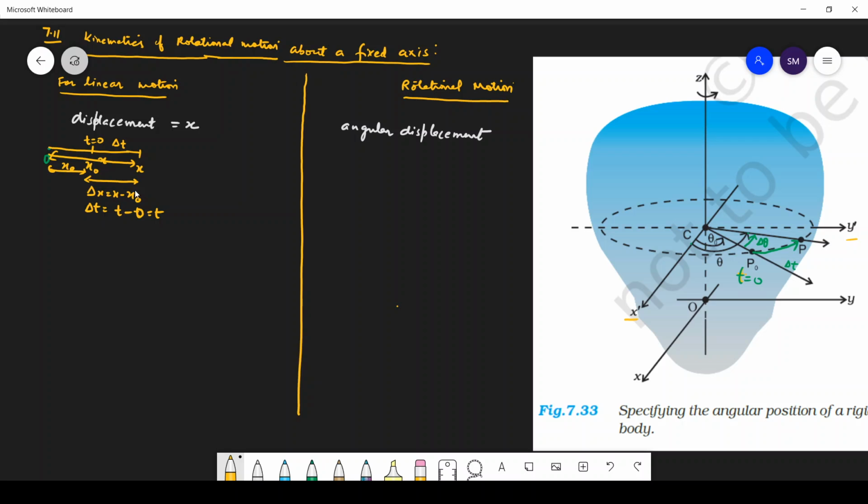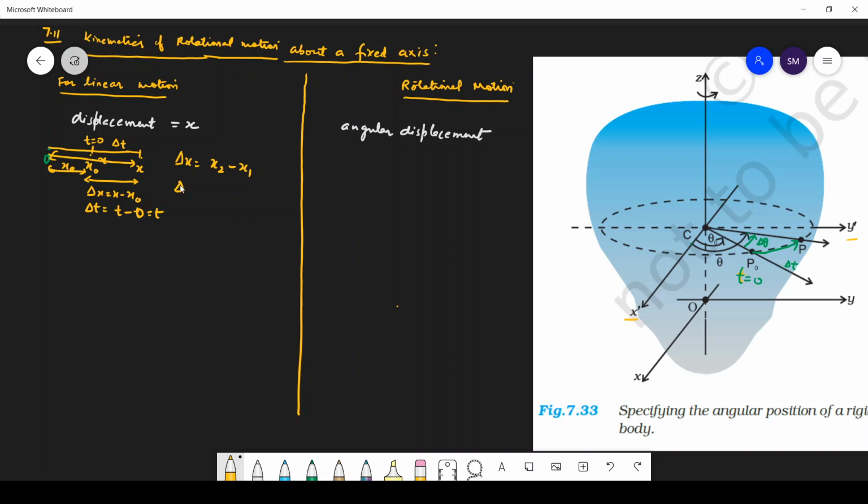And sometimes we denote delta x as final position minus initial position also, like x2 minus x1, if you are denoting initial position as x1 and final position as x2. So we write this as delta x also.